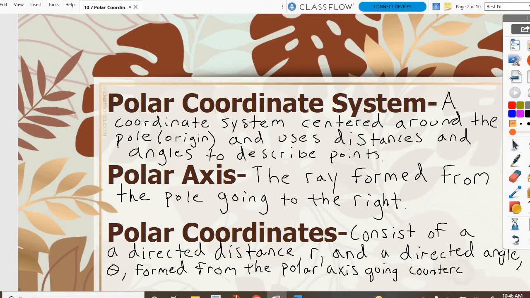Because counterclockwise is positive. And that's why it's a directed angle, because we can represent going clockwise by throwing a negative in front, just like with any of our others.